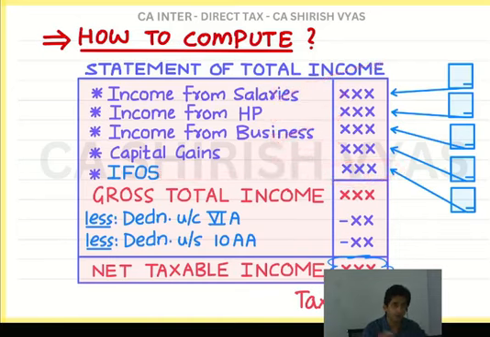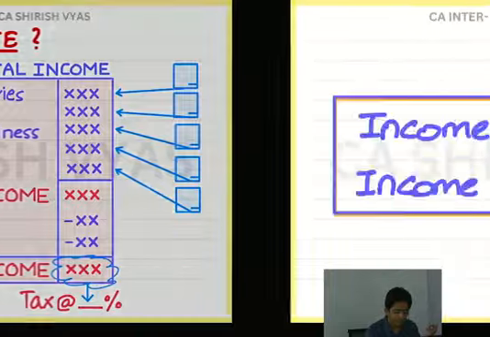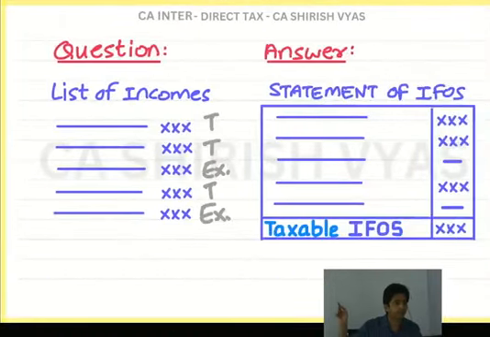All that will be totaled up and the grand total is called gross total. Then deductions, etc. In short, every time, whatever we are studying, try to connect it with our main goal. Our main goal is to prepare this statement, and for this we calculated the amount by preparing this statement.